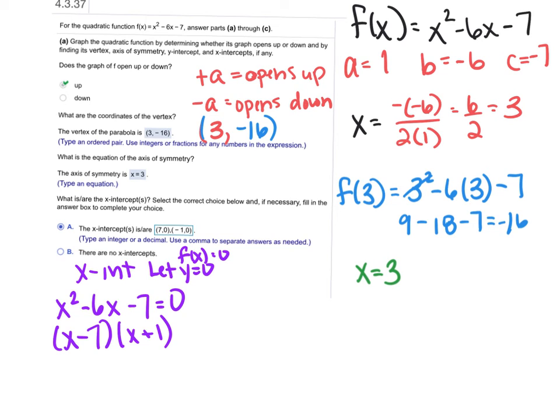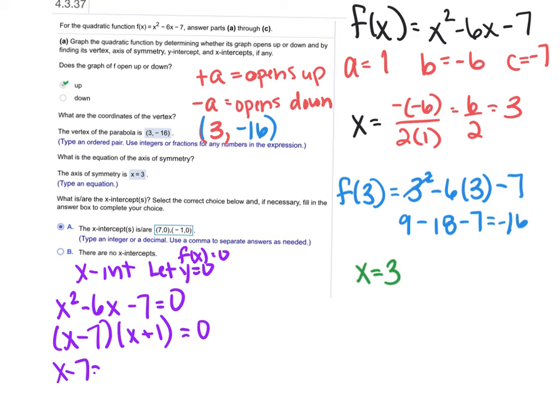And so what I'm saying is that when it's factored, these are equal to 0. So when you multiply x minus 7 times x plus 1, it has to equal 0. In order for that to be true, anytime you multiply a number by something and get a 0 value, one of these numbers has to be 0. So we just set them both equal to 0 and solve them.